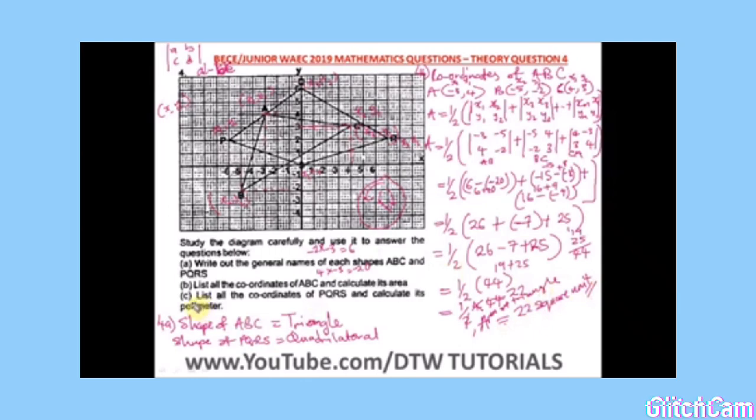Alright, so question C says list all the coordinates of PQRS and calculate its perimeter. Okay, I think I have to erase this. Let me erase all this so we can solve.